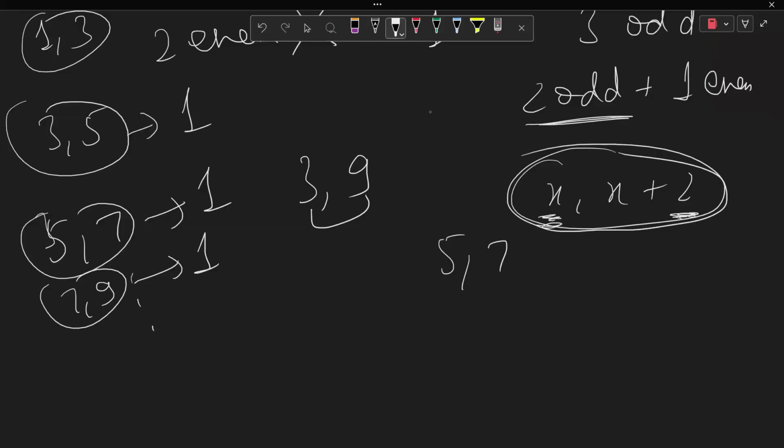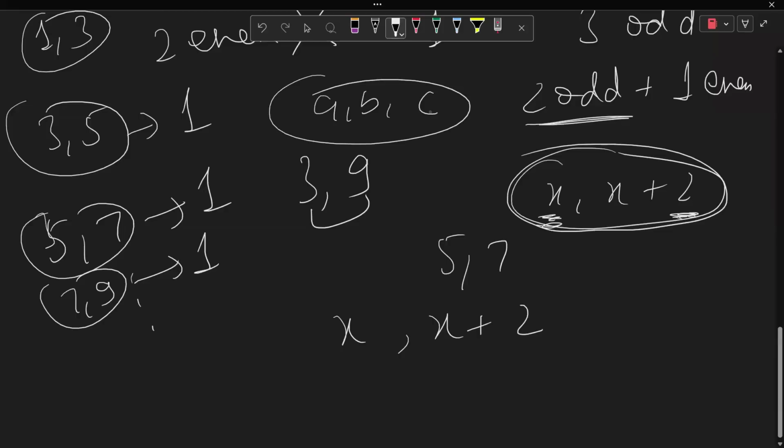Now, what you can do is take an odd integer x, and its next odd integer would be x plus 2. You need to have three integers a, b, c. You took two integers, x and x plus 2. For the third integer, it can be an even or it can be an odd. Now you need to maximize your operations.